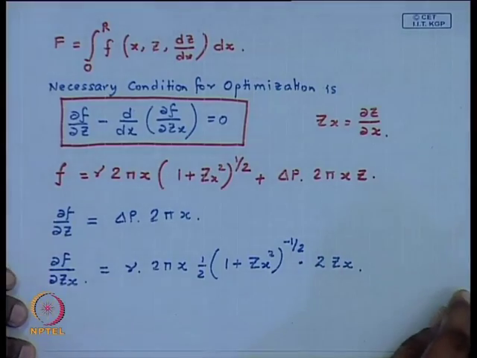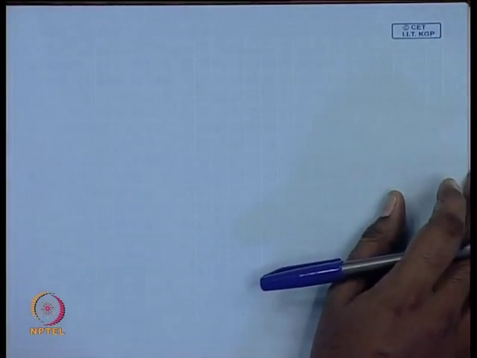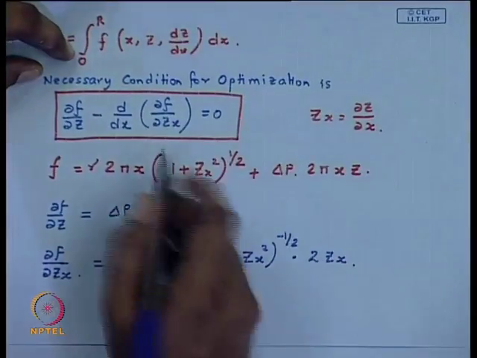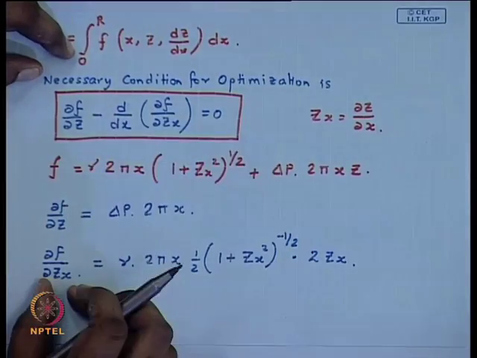Okay. So, these are the two terms we will be needing, and now, looking at the expression, we need to evaluate this entire term, del del x of whatever we have got.